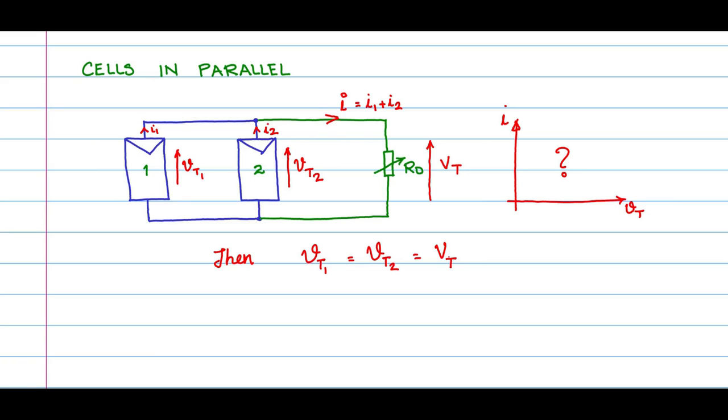These are the two constraints that are applicable for cells connected in parallel. This is constraint 1. The terminal voltage is equal to the voltage across each of the cells or modules connected in parallel. The other one is summation of the currents from each of the panels will add up to the terminal current. This is the second constraint.